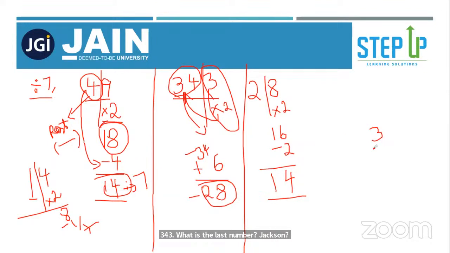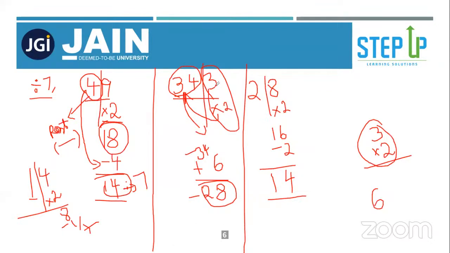With the last number, what should I multiply to find whether it is divisible by 7? 2. Yes. What is 3 times 2? 6. Yes.